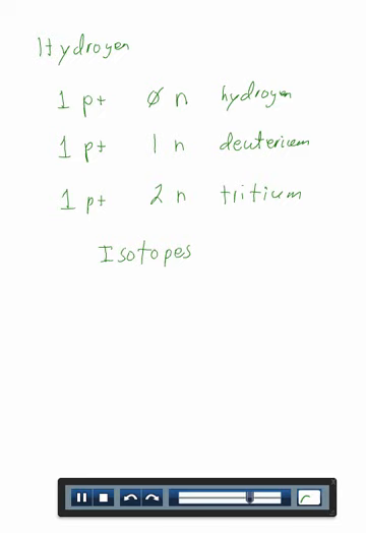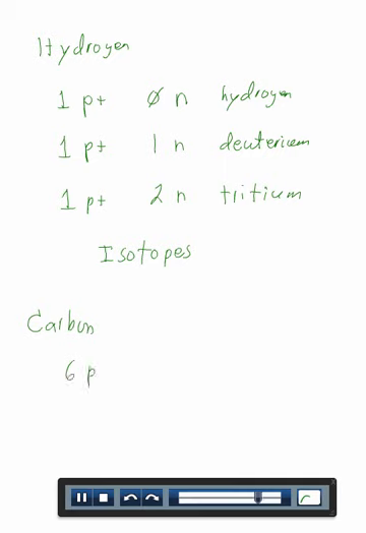Now, hydrogen and deuterium are stable, but tritium is radioactive, it's unstable, and it will decay by undergoing a nuclear reaction. Carbon has 2 stable isotopes. Carbon has 6 protons.